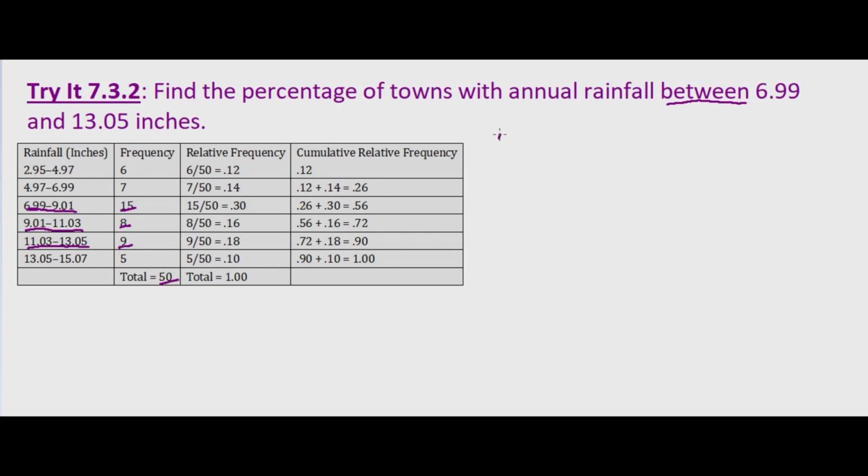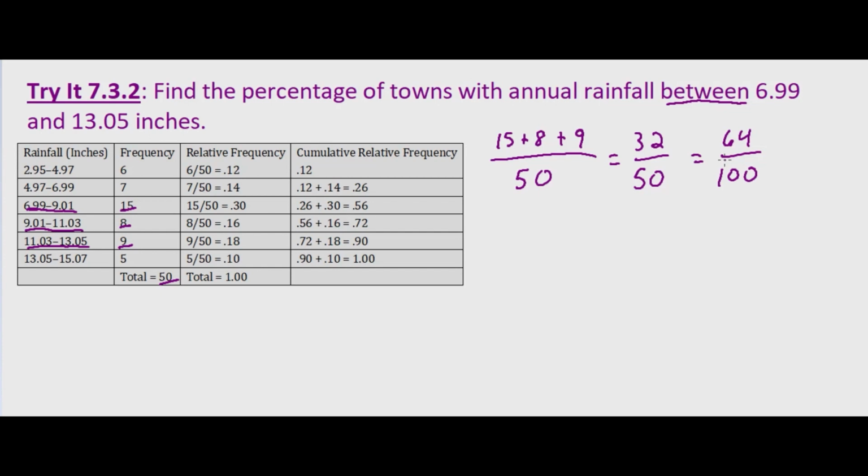So 15 plus 8 plus 9, out of 50 total. 15 plus 8 is 23, plus 9 is 32, so that's 32 out of 50, which equals 64 out of 100. Now this indicates that 64% of towns, at least in our sample, have annual rainfall between 6.99 inches and 13.05 inches.